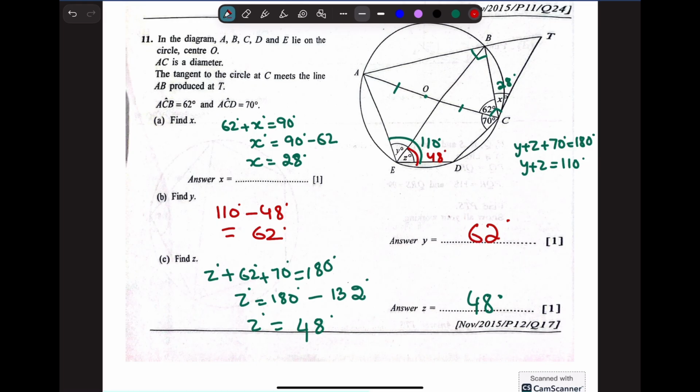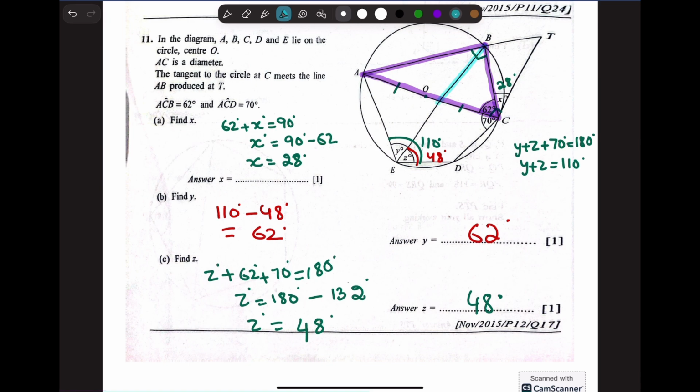There's also actually a very easy way to figure out angle Y, I just noticed. If we look at chord AB, these are angles made in the same segment. So this is angle 62.